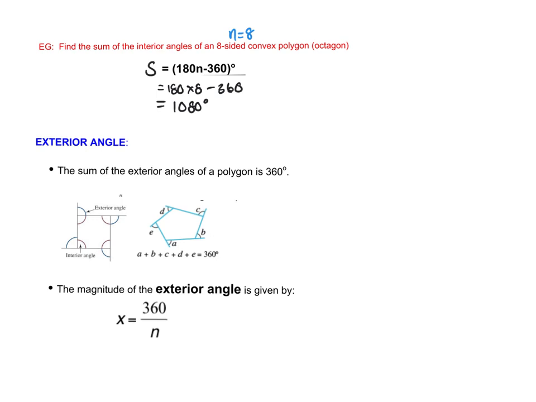Okay, so there's that. Now we can also talk about the exterior angles of polygons. Exterior angles are when you continue the line a bit more.